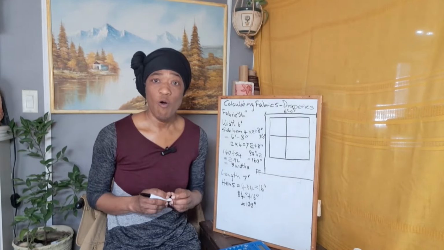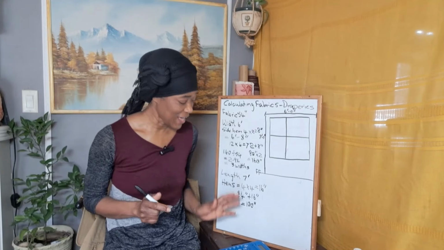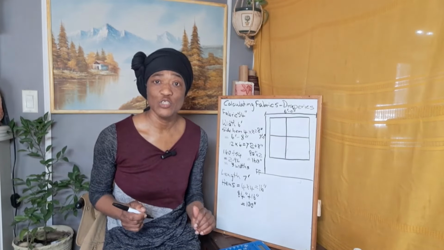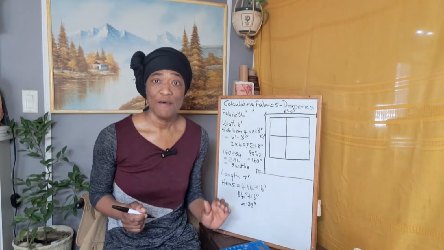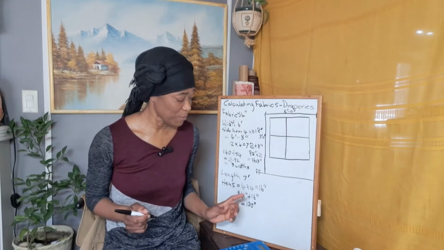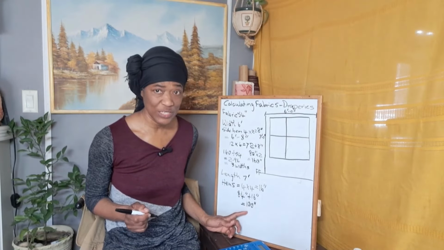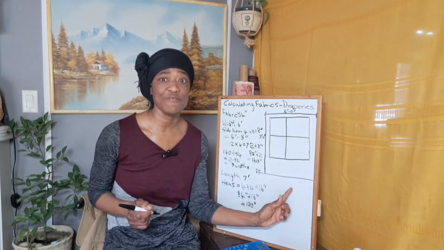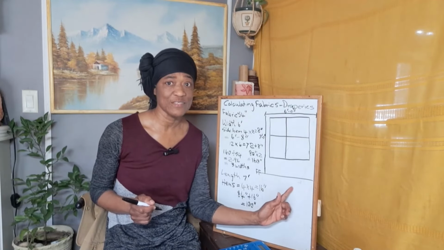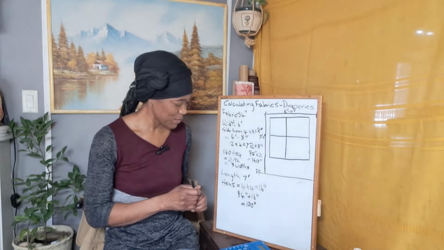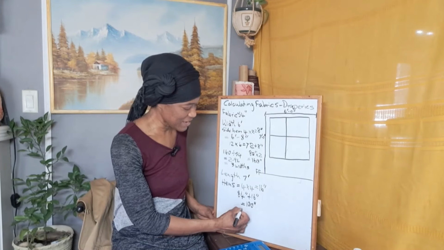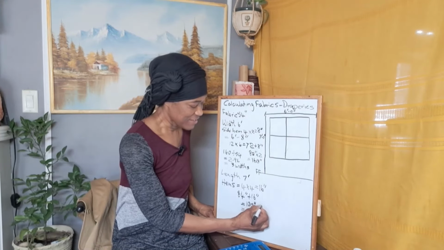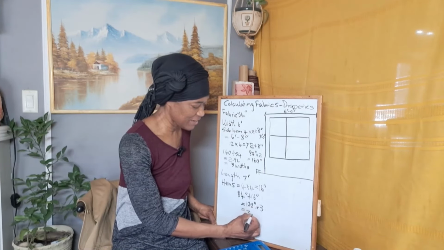So our overall length is 100 inches. The next step is to multiply this 100 inches, which is from top to bottom here, by 3, because we need 3 widths to go across the window. So that will be 300 inches.